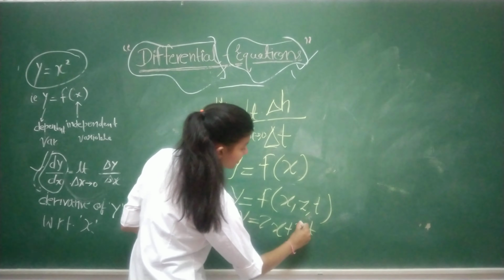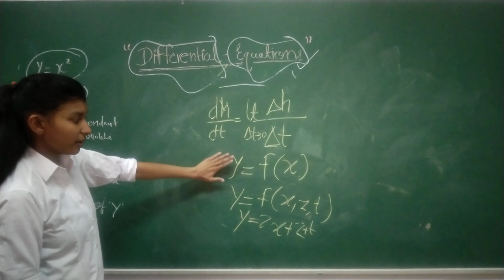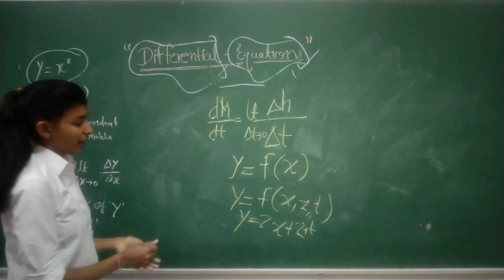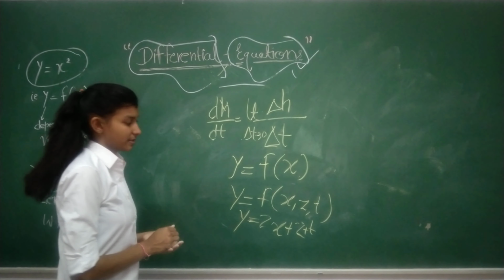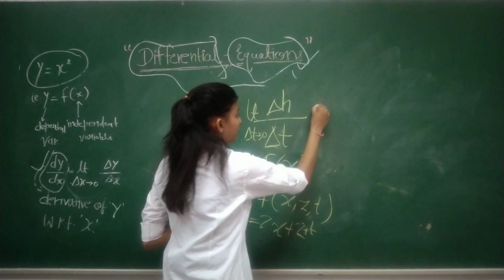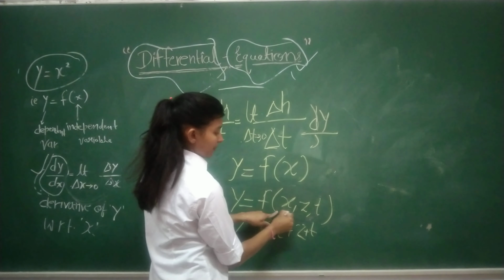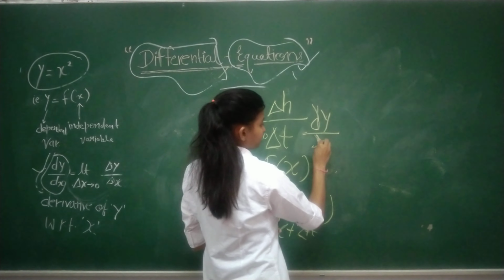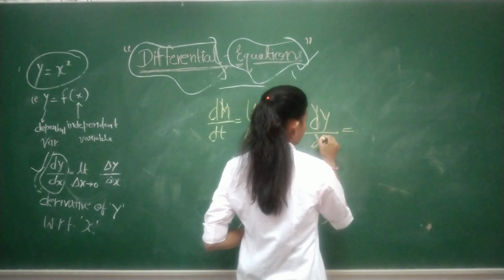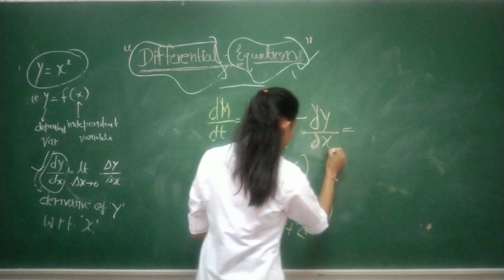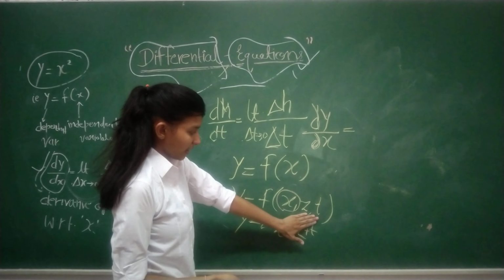So in this case, if we want to study the changes of y, here the changes in y, x, z, and t are going on simultaneously. So if we want to find changes in y with respect to one independent variable, we differentiate y by assuming the other independent variables as constant, or fixing them.